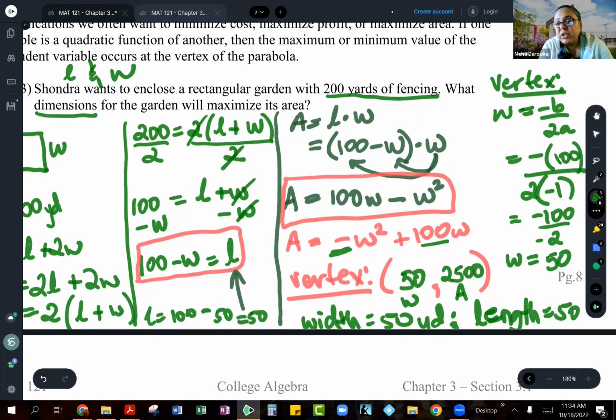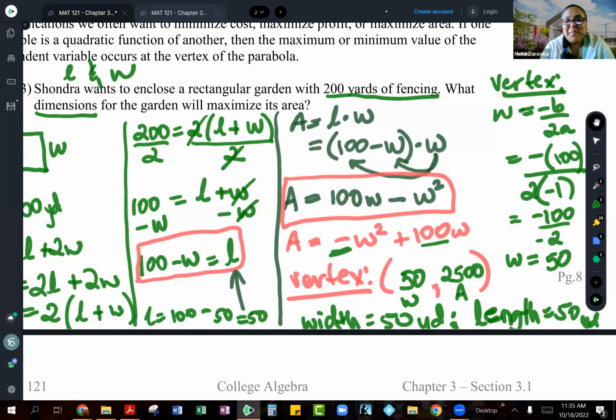So you will notice when the length and the width are the same measurement, they are both 50 yards and 50 yards. Instead of a rectangle, what shape do we have here? So if your length and width is the same measurement, instead of a rectangle, what kind of shape do we have? Perfect, guys.